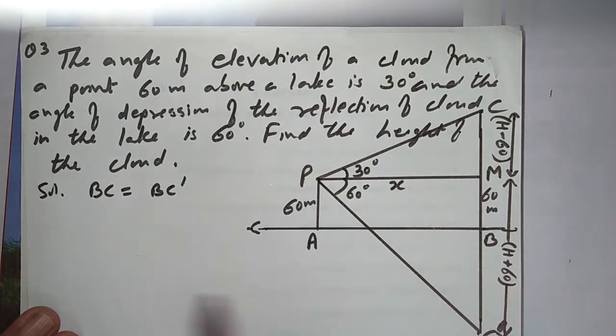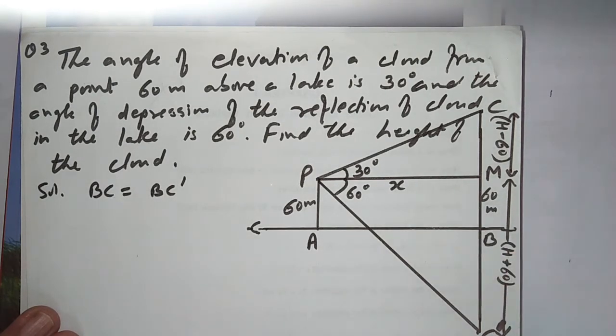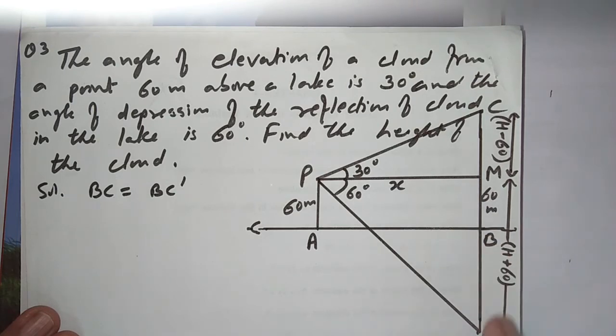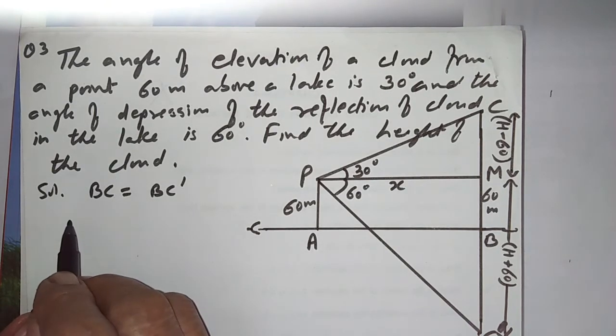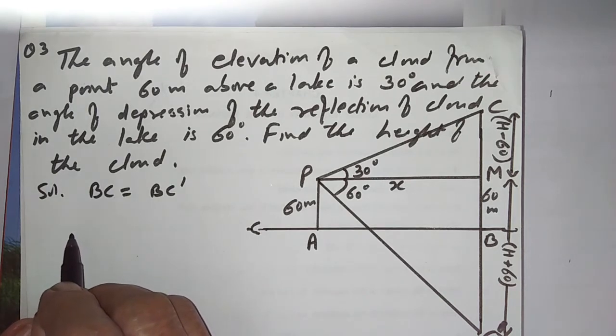I have just told you that the distance from the point B to the reflection is equal to the distance of the cloud. The image is as far behind the object as the object is in front of it.